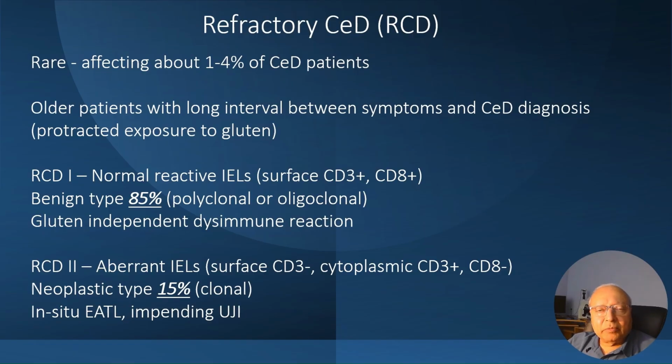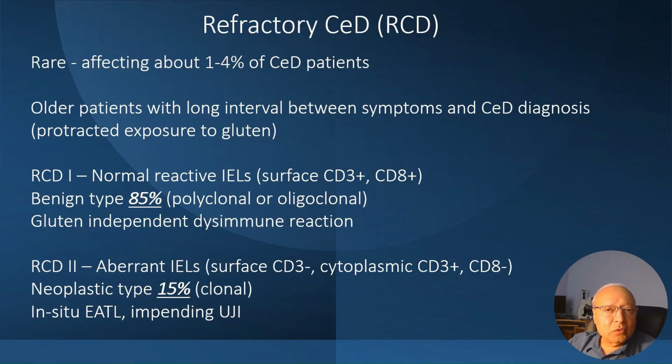Now, the other type, which is rarer, seen in only 15% of patients, is the RCD2 type, which is actually a neoplasm. It's in situ enteropathy associated T cell lymphoma. The other way of describing that is refractory celiac disease type 2.